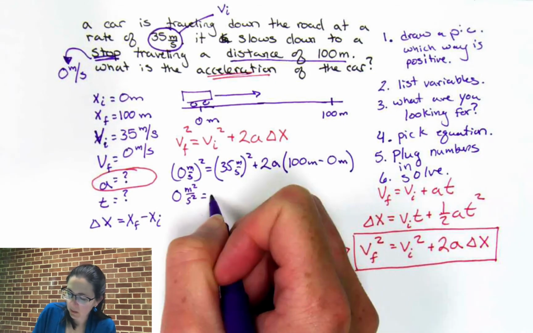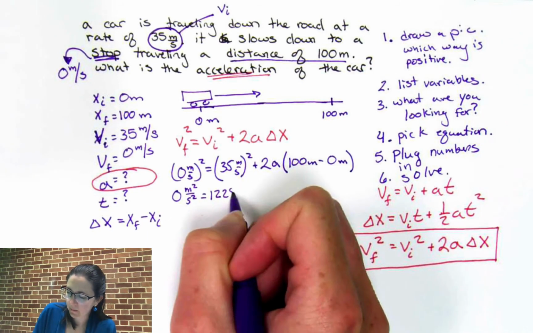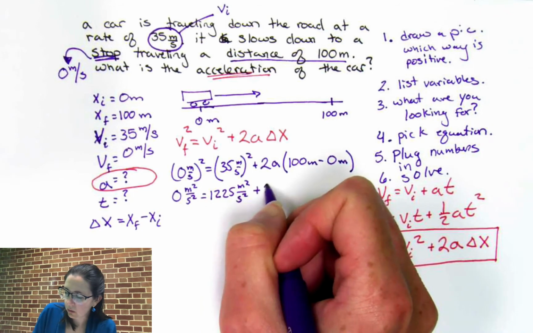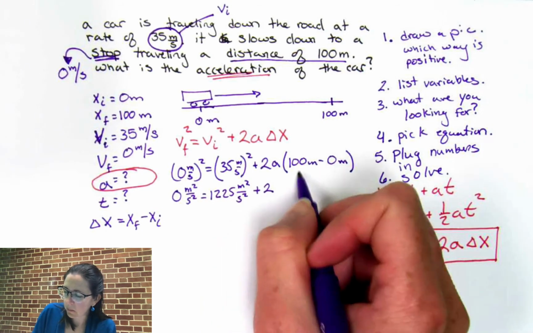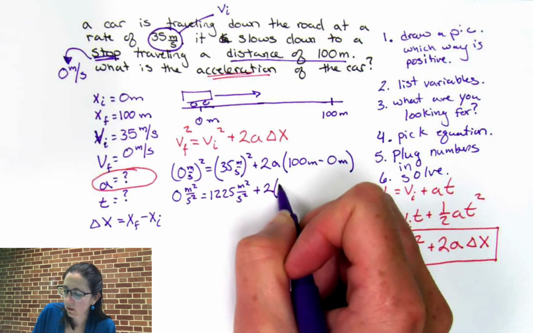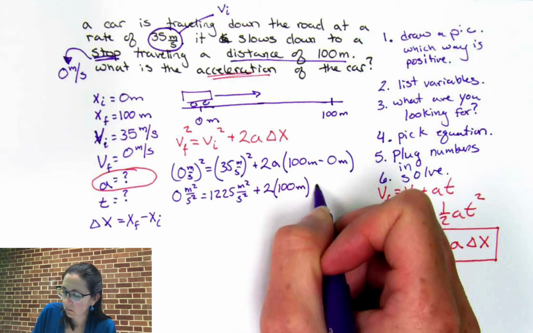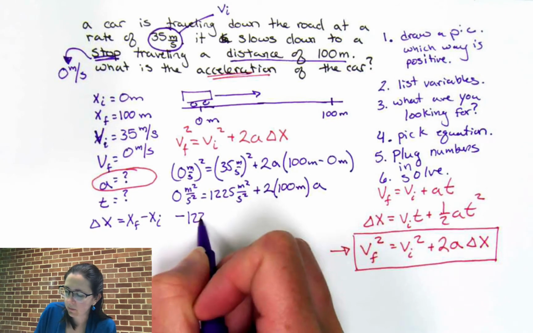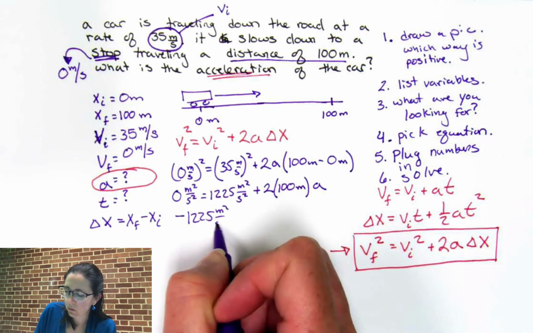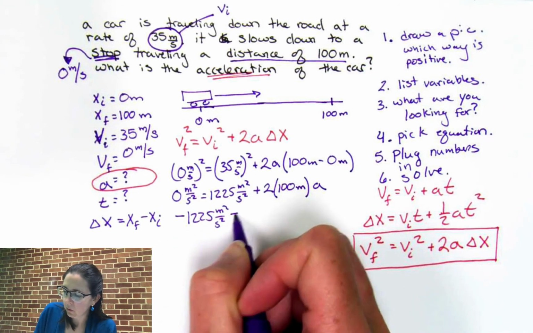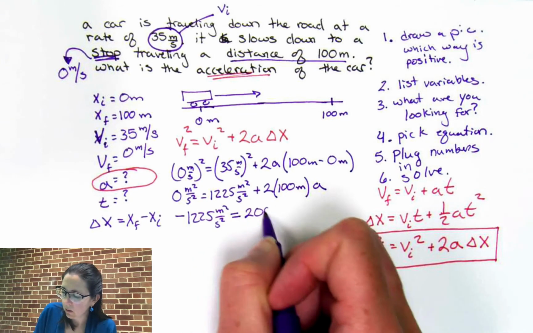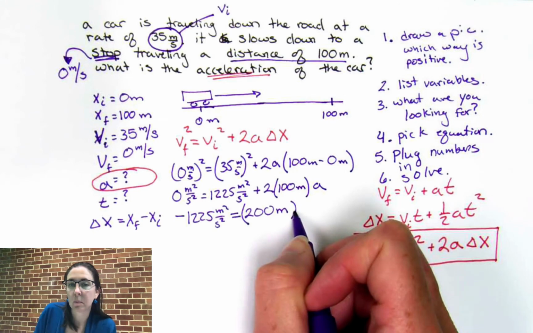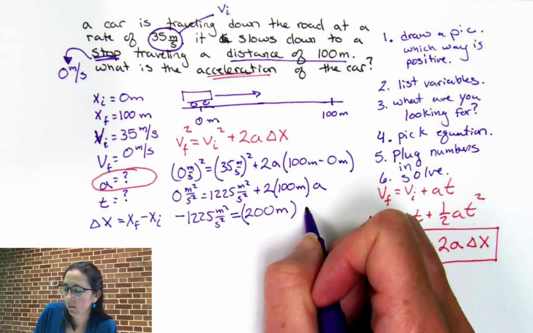And this is going to be 1225 meters squared over second squared plus 2, and I'm going to switch this around, times 100 meters times my acceleration. This goes to the side, so I get negative 1225 meters squared over second squared equals 200 meters. I'm going to put that in parentheses so this m doesn't get confused with my a for acceleration.